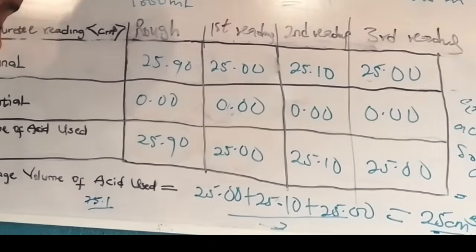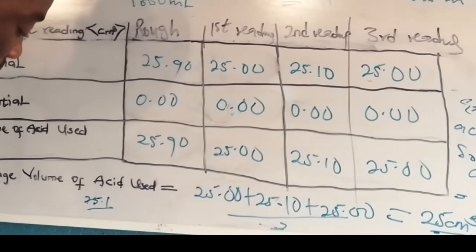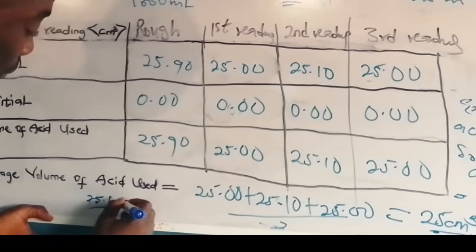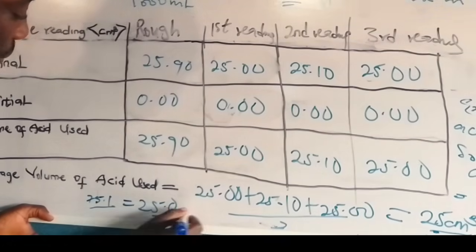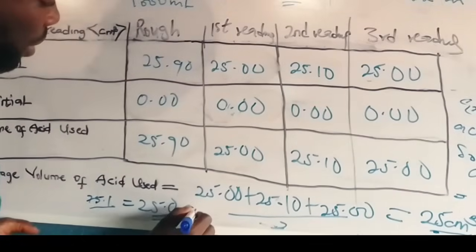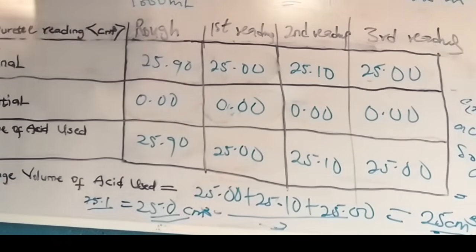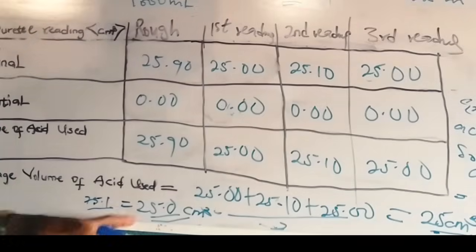Now divided by 3, it will give us 25.0. This is what it will give us. So it should now be 25.0 cm cube. Okay, so that is our expected volume of acid.